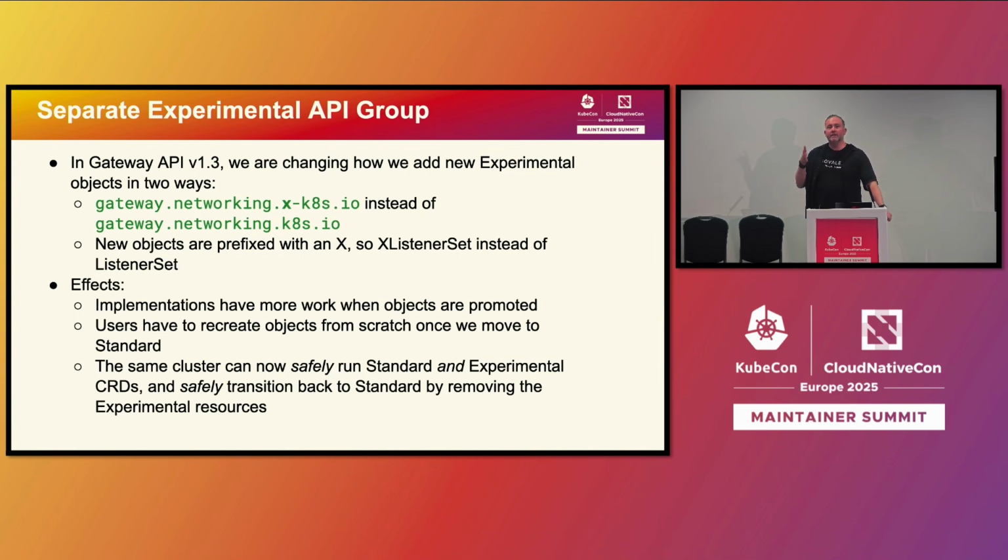But to me, the way this goes is if you're not going to put in the work to try out the experimental stuff, then you can't come and whinge at me when you don't like how it's designed. If you're not going to supply the feedback, then you can't complain about the design, right? If you choose not to spend resources on implementing the experimental stuff, that's your choice. But that means that the decisions about the design may be made without your input.